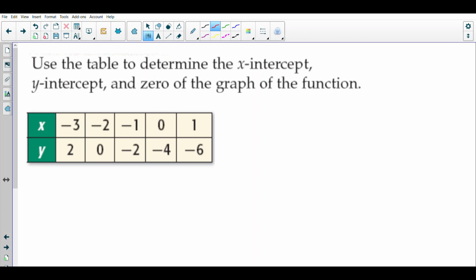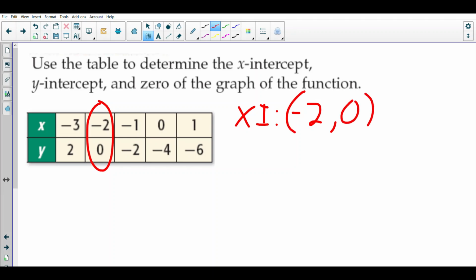Okay, so use the table to determine the x-intercept, the y-intercept, and the zeros. If we remember, the x-intercept and the zeros are the exact same thing. So the x-intercept, I'll just call it xi. That looks like a t actually. The x-intercept is, remember, when the y value equals 0, so right here, it's (-2, 0), and the zero is the same thing, so it's also (-2, 0).